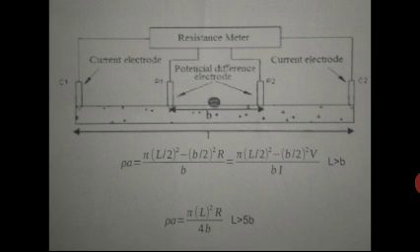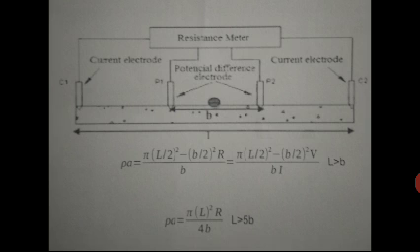The depth to which current penetrates in the ground depends upon the distance between the two outer current electrodes. Thus, it is possible to send the current deeper into the ground by increasing the distance between the electrodes. For accurate interpretation, detailed knowledge of stratigraphy is very necessary.